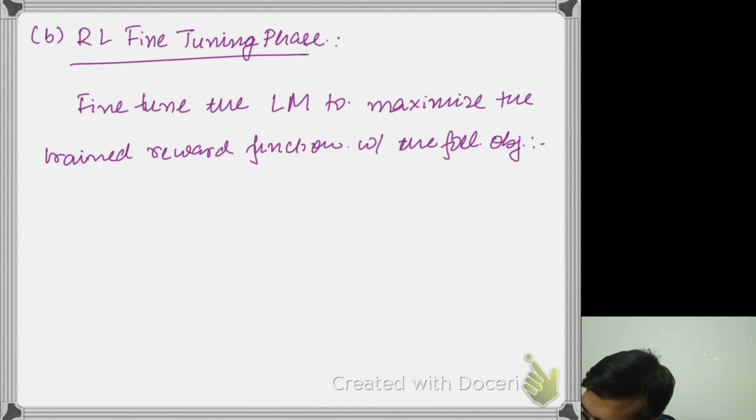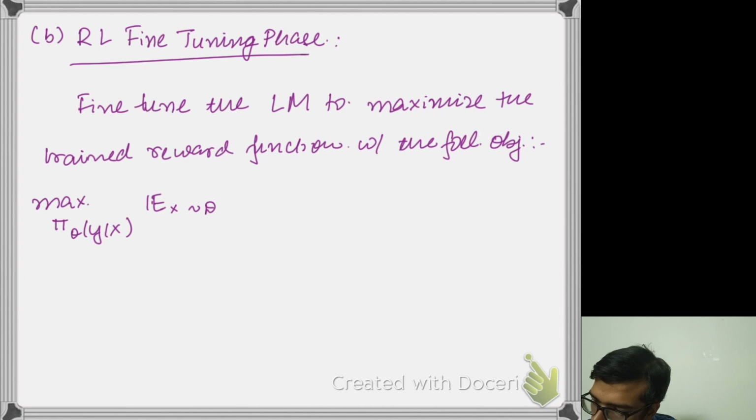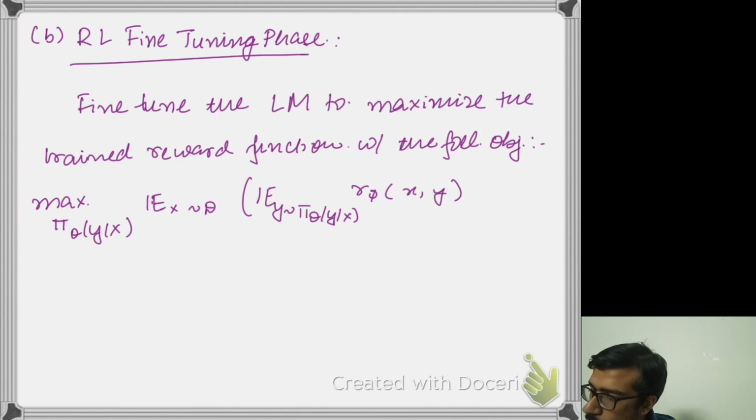Okay, so we are going to maximize, where the policy is pi theta of y given x, the expectation of x sampled from data, expectation of y sampled from pi theta of y given x, the reward function r phi of x, y.